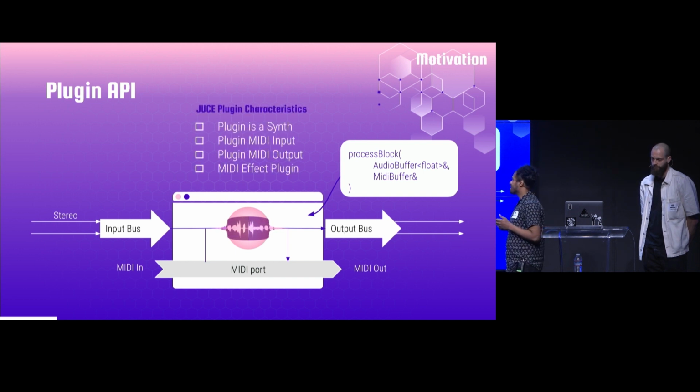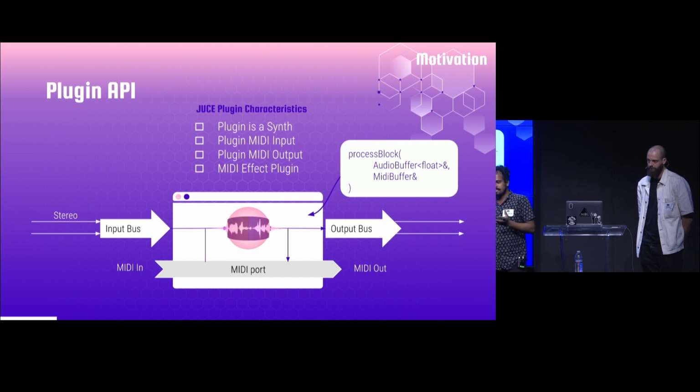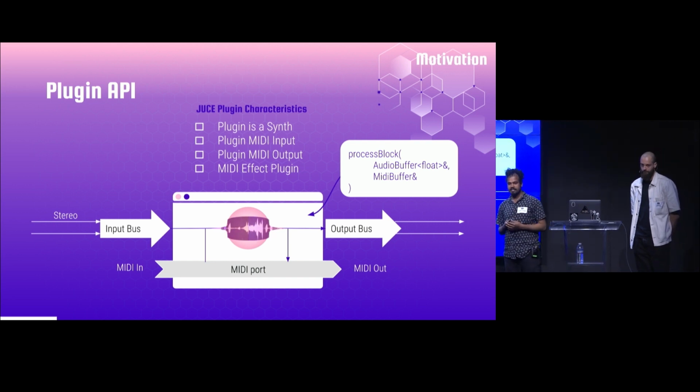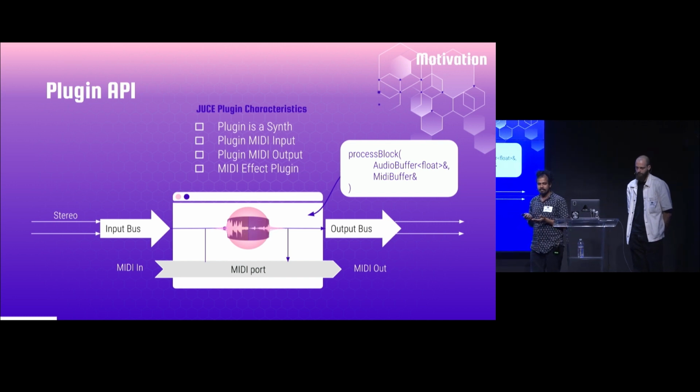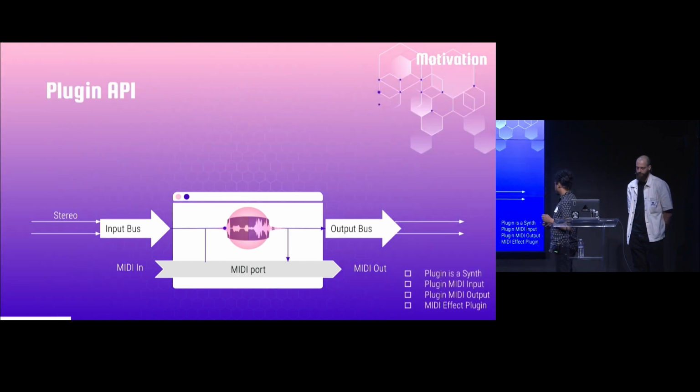JUCE has abstracted a lot of differences in how different DAWs and hosts see these inputs and outputs from plugins using these very simple preprocessor flags. And we just have to configure what we want in a plugin, and the hosts are eventually able to figure that out. So I will keep these in the bottom right corner, so keep an eye on that to see how some of the different plugins will be set up in JUCE.